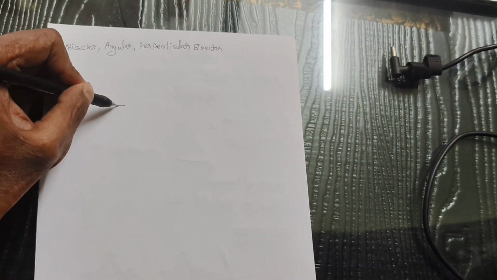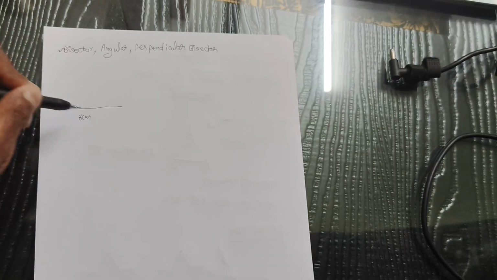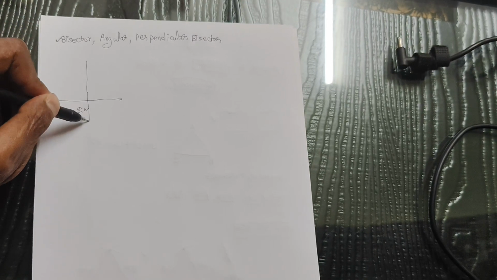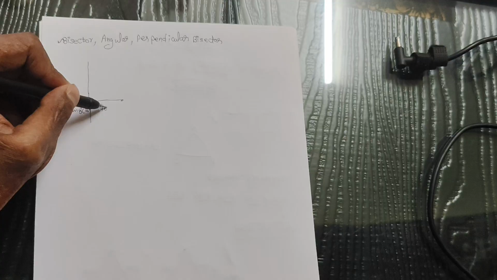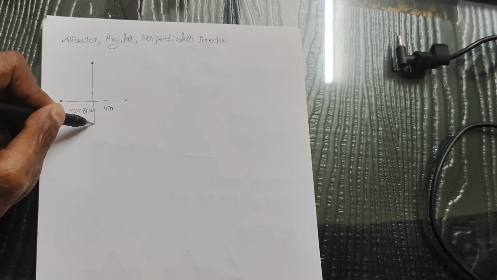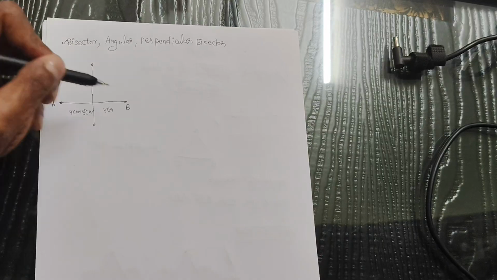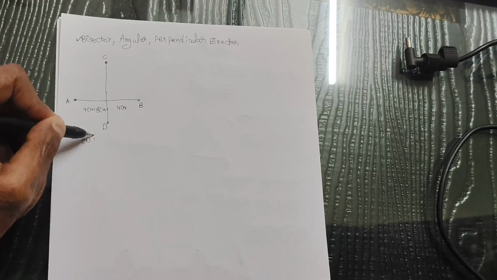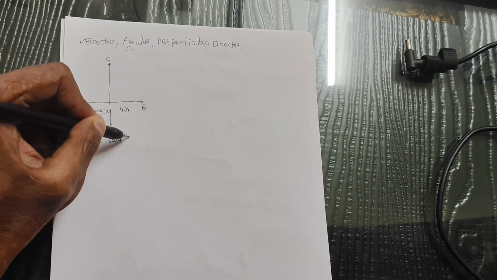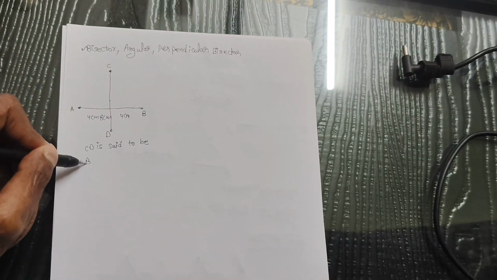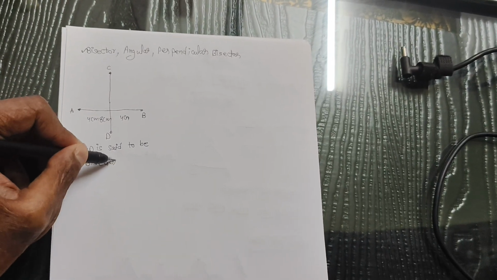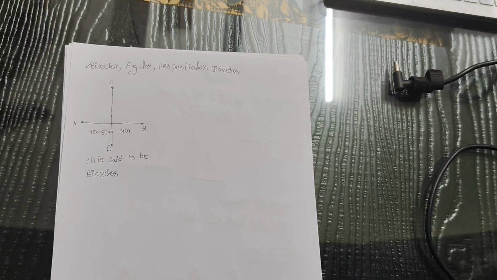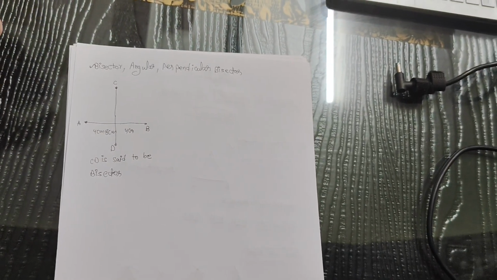If I'm going to take a line segment of 8 centimeters and another line segment is dividing it into 4 and 4 centimeters, then, considering the starting line segment as AB and the next line segment as CD, CD is said to be the bisector, because CD is dividing AB into two equal portions in the form of length.